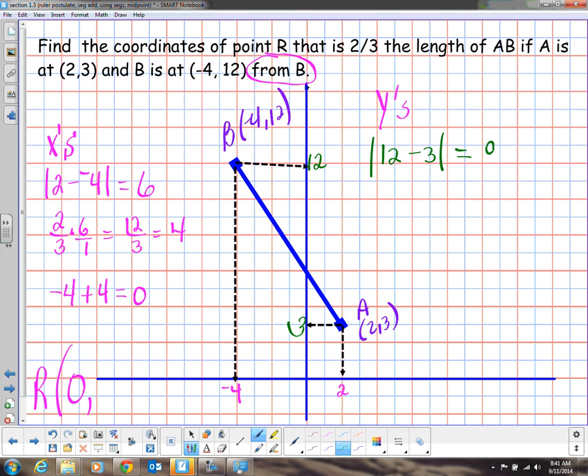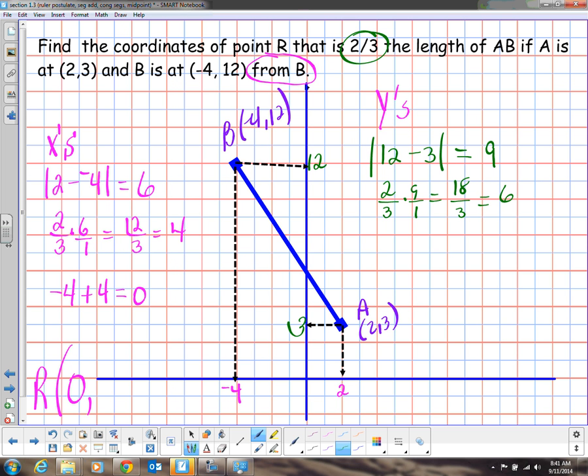When we're doing length, we are subtracting. So once I get that length, 9, what's my fraction? I want 2/3 of 9, which is going to be 18/3, which is 6. Now, am I moving 6 units from B or from A? I'm moving 6 units from B.